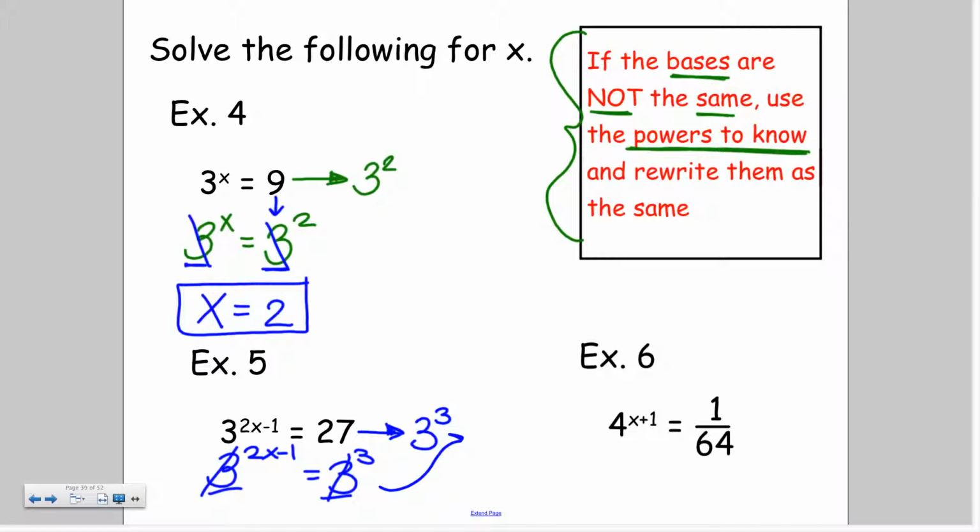Then we're going to be left with 2x minus 1 is equal to 3. We're going to solve out for the x. So add 1 to both sides. That's going to cancel. We're left with 2x is equal to 4. Then divide by 2. And then x is equal to 2.